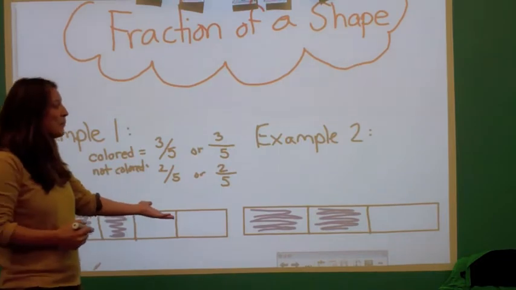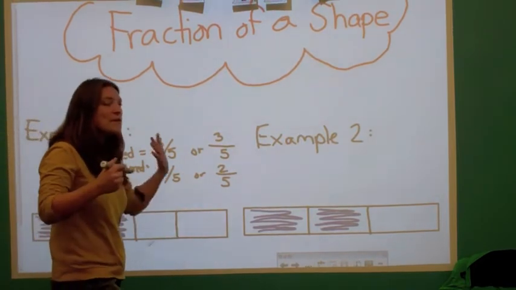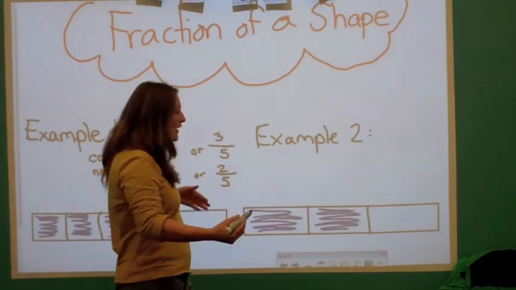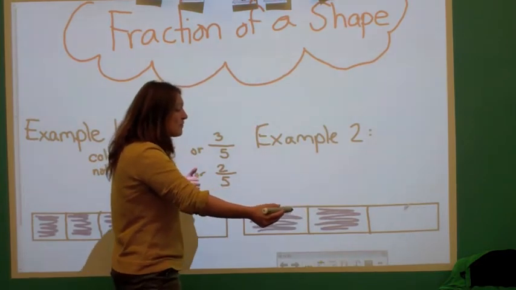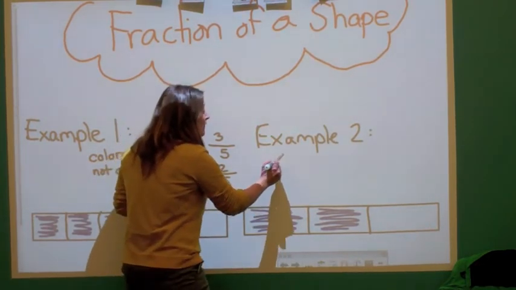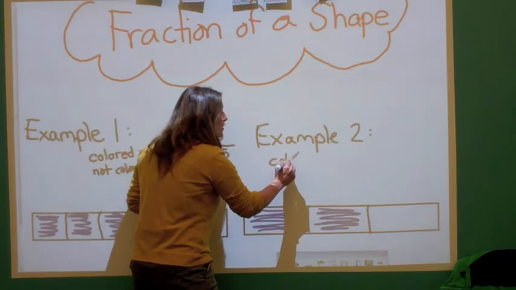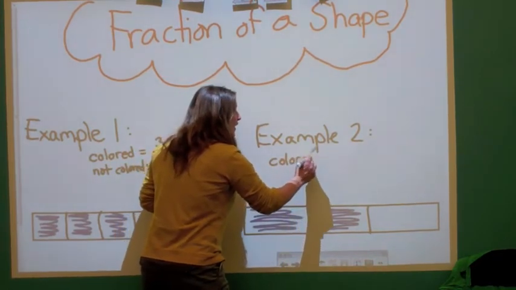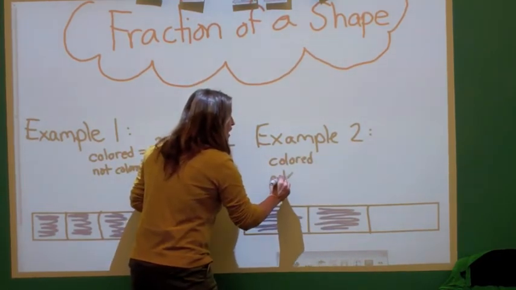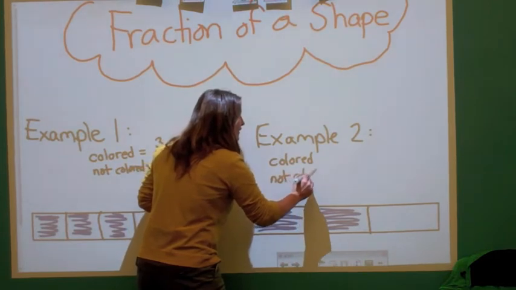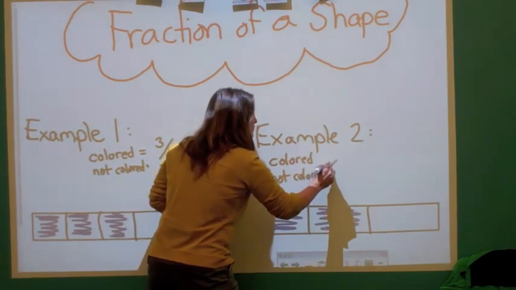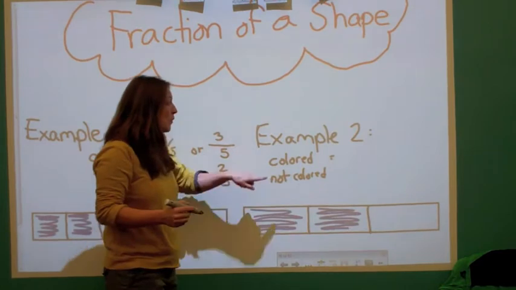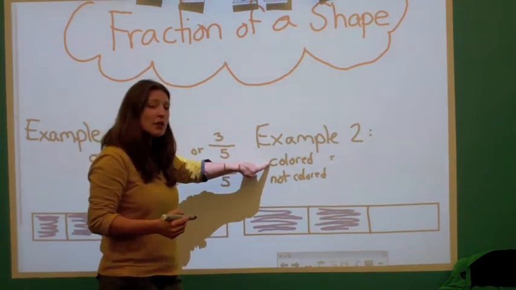Let's take a look at example number 2. So if we're thinking the same way, we're looking at that whole shape, I'm going to talk about what the fraction is of colored pieces and what the fraction is of not colored pieces. Again, when I'm looking for colored, I count the colored pieces.